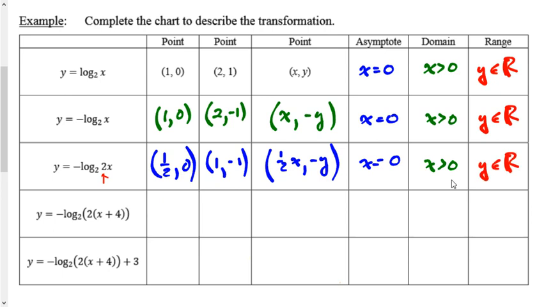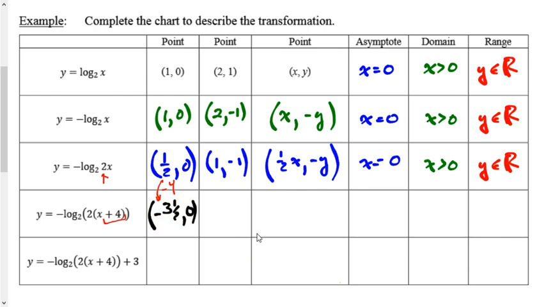Next feature we have is this +4 grouped inside with the x. So that tells us it's going to move to the left by 4. So all the x coordinates will decrease by 4. So I'm going to take this 1/2 and I will subtract 4 to get my new x coordinate, which is a -3.5.